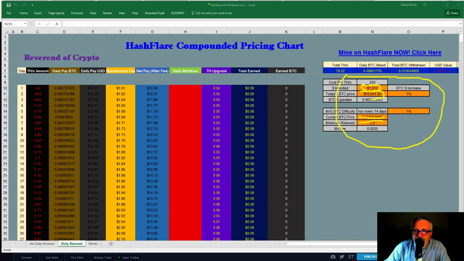This number right here. Leave these numbers set to, if it's a 12 or anything else on there, just set them at 1%. That's all you got to do. The rest of the chart is really self-explanatory. And I'm going to tell you really easy.